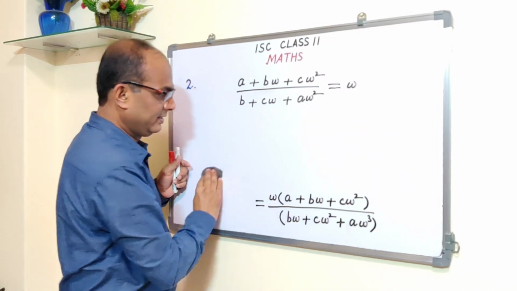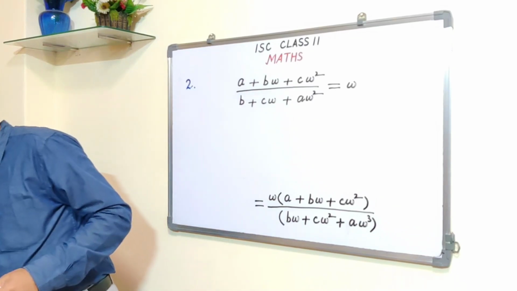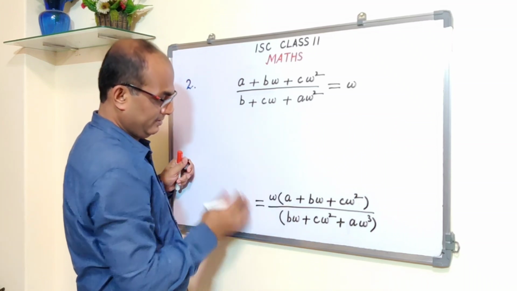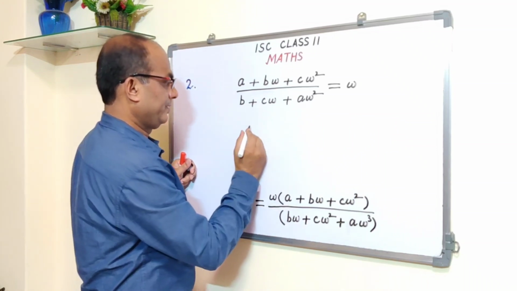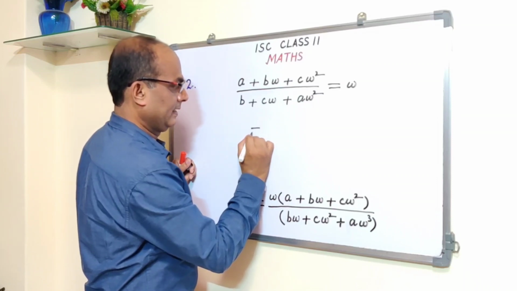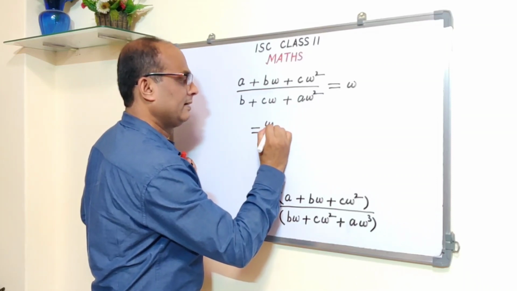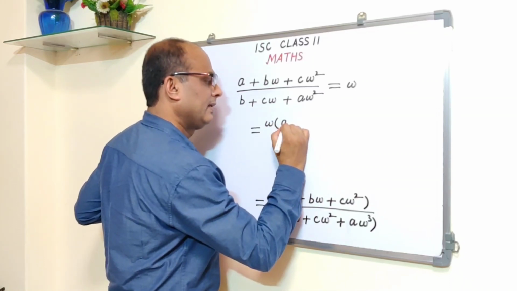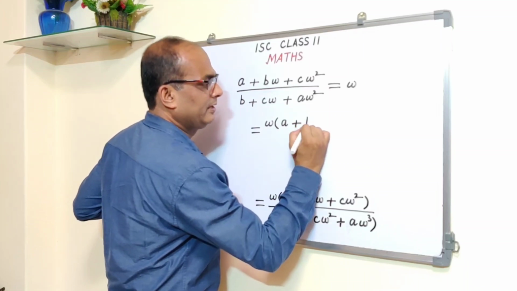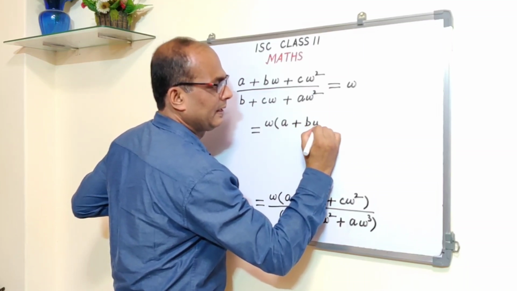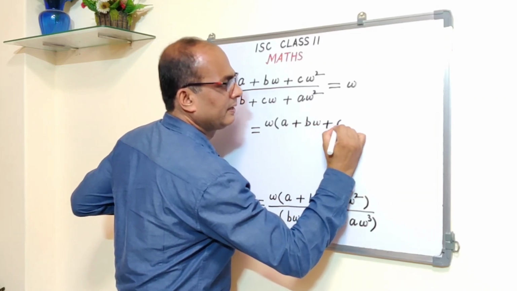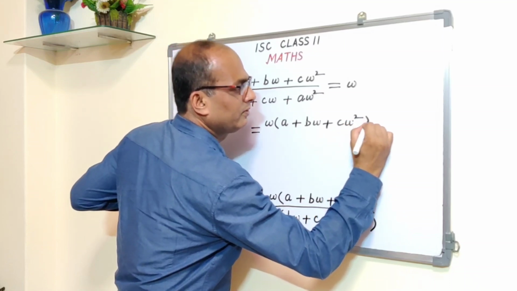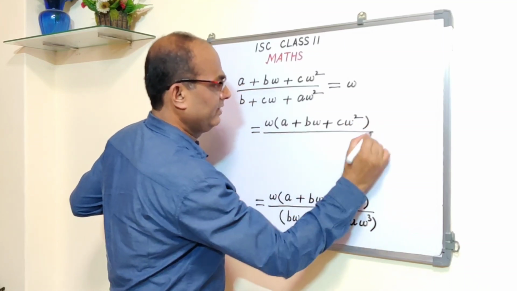And now we can write down that this is equal to omega outside, and within the bracket same thing, A plus B omega plus C omega square, bracket close, and whole divided by, we are getting same thing.